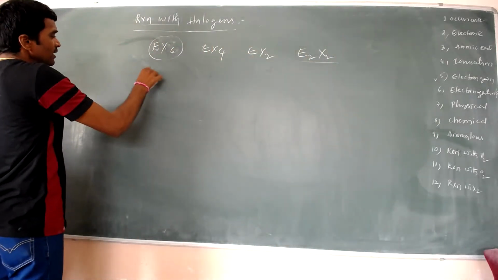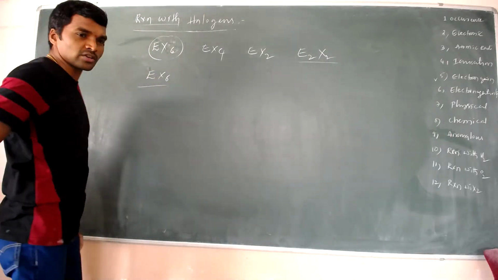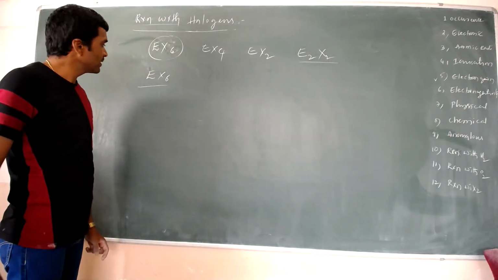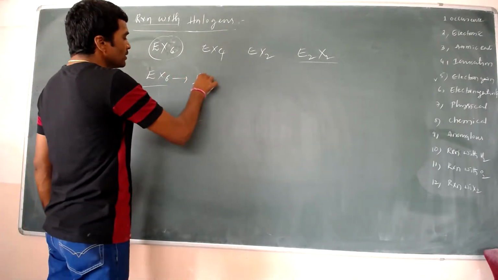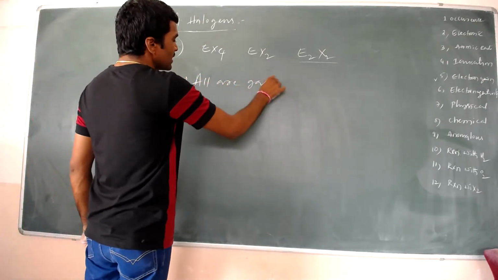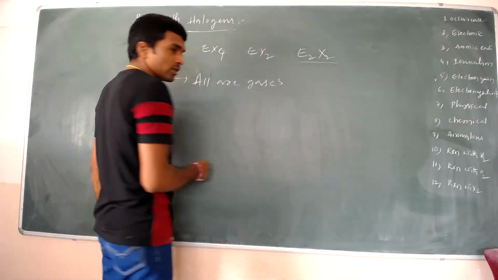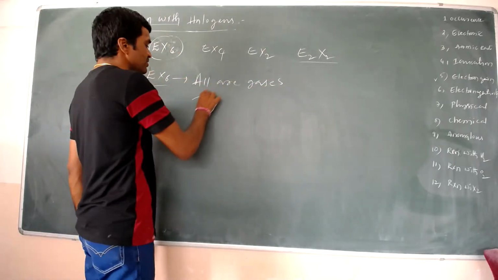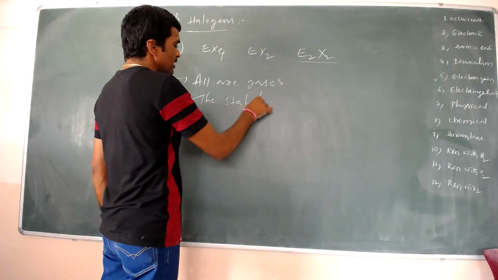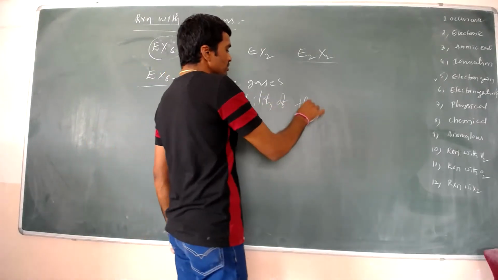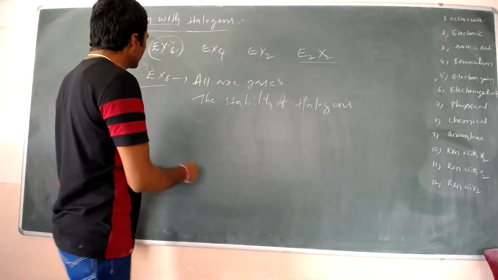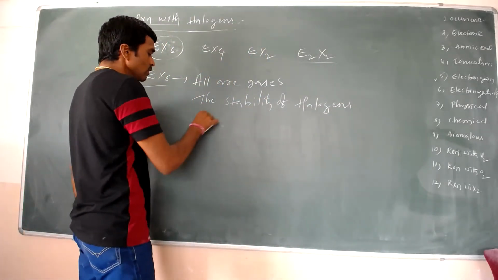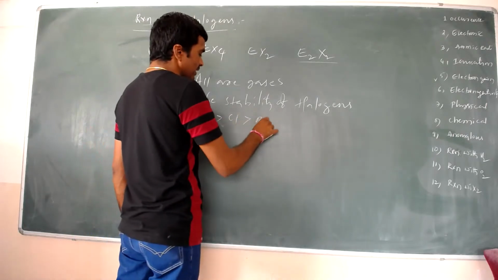Now see, EX6 type we are going to discuss now. In the form of EX6 type, these all are gases. And remember the stability of halogens: fluorine greater than bromine.